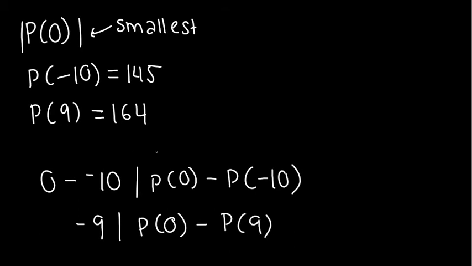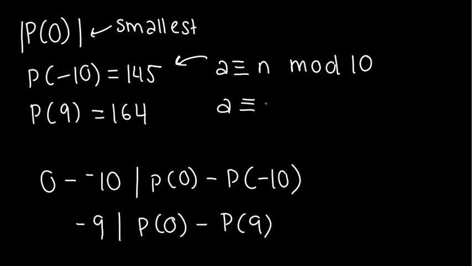So that means that a must be congruent to some number n mod 10, which pertains to p of -10 being equal to 145, and a must also be congruent to a value m mod 9, which pertains to the other equivalence as well.